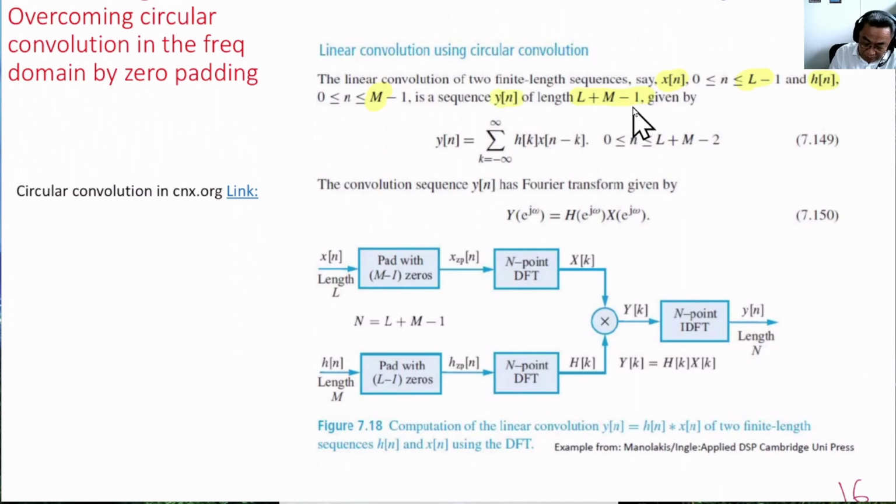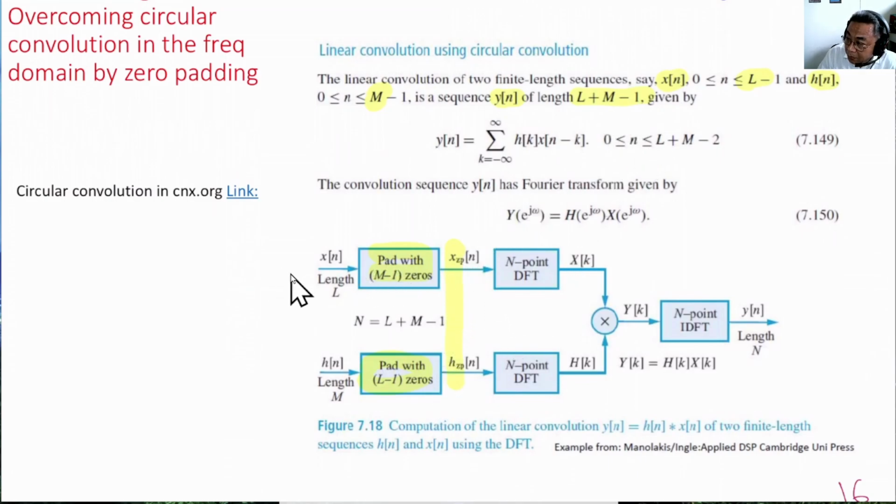Okay? So that's the general idea. And what we should do is pad zeros such that they both become the same length. Okay, and what is their length? It is L plus M minus 1. So the length is now L plus M minus 1.